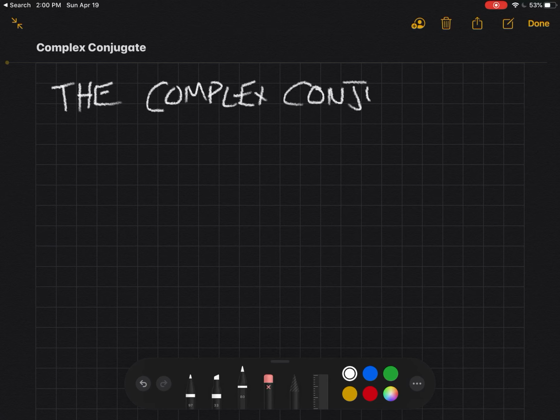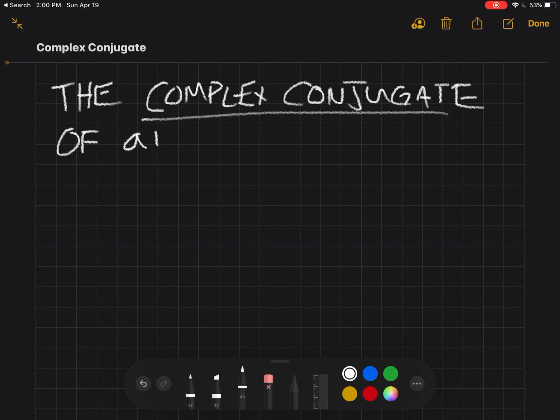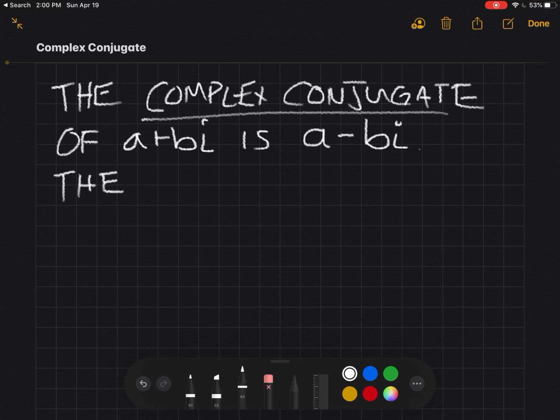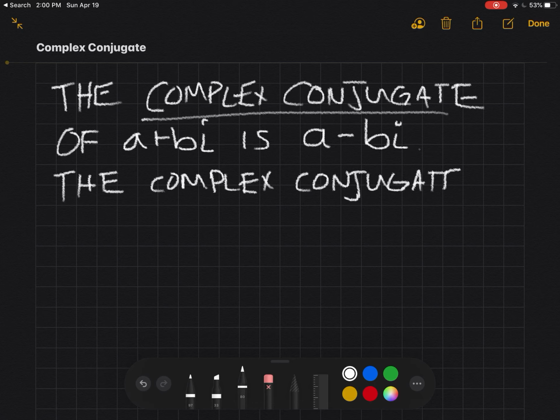Welcome back, Algebra. In this video, we're going to talk about the complex conjugate. So remember, we have some complex numbers, right? So I'll just give you a definition. We'll do some examples. So the complex conjugate of A plus BI is A minus BI.